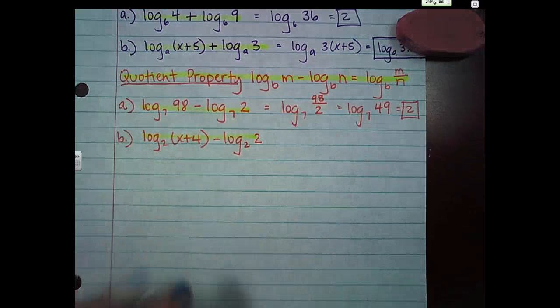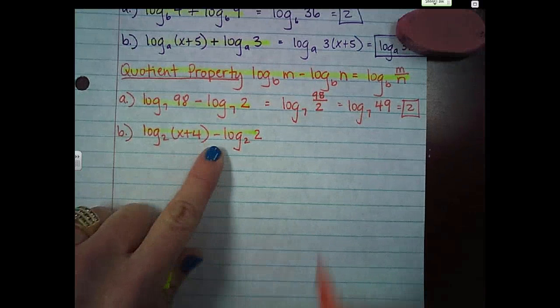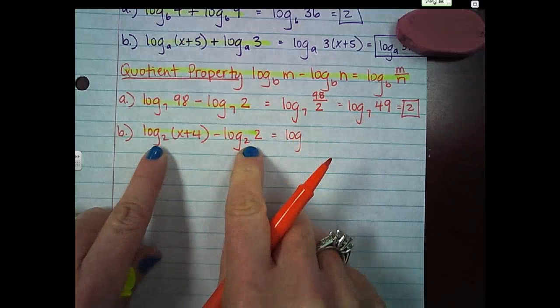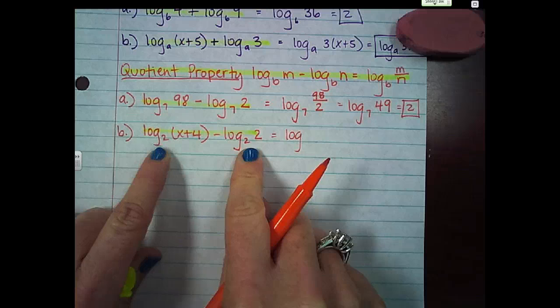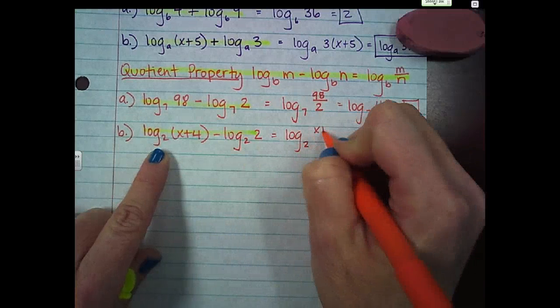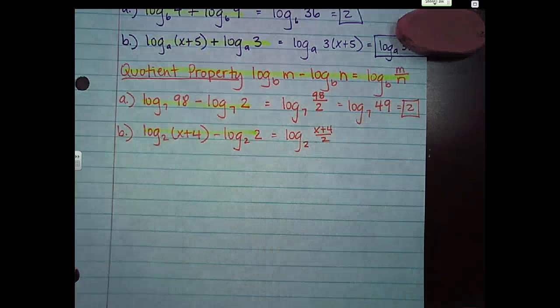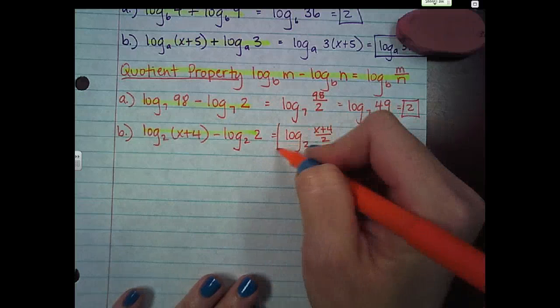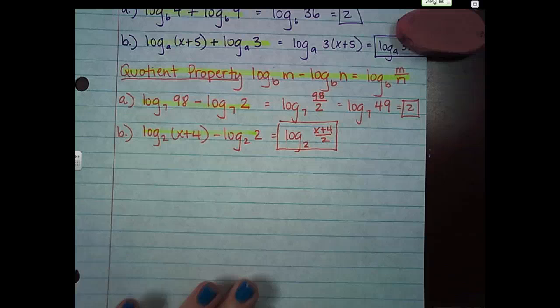But I don't know the answer here, and subtraction means you're gonna divide. If you have the same bases and it's subtraction, you can divide. They have to have the same base for the property to work. So log base 2 of x plus 4 over 2. And you can't simplify. Do the 4 and the 2 reduce? No. So this is just your final answer. That's as far as you can go with that one.